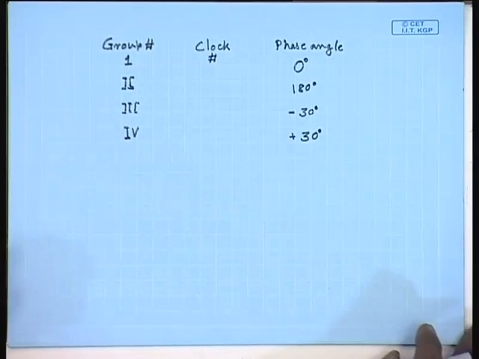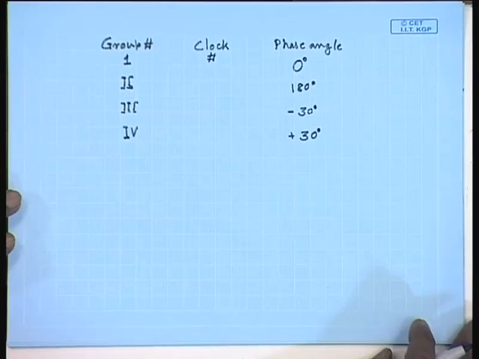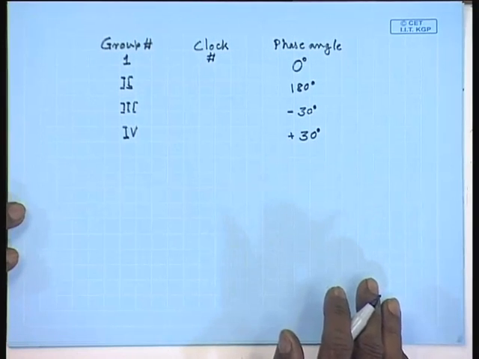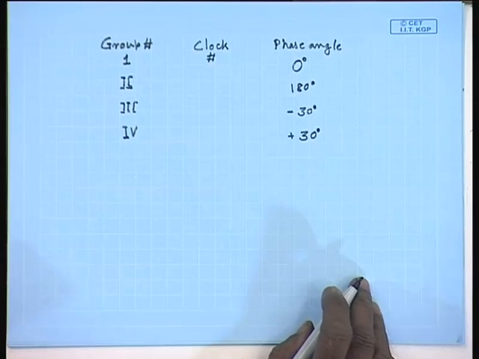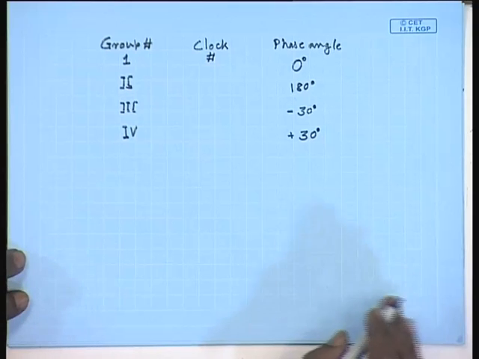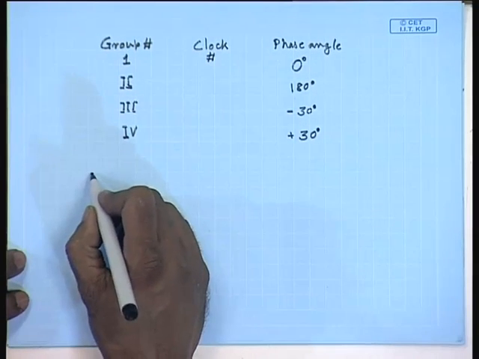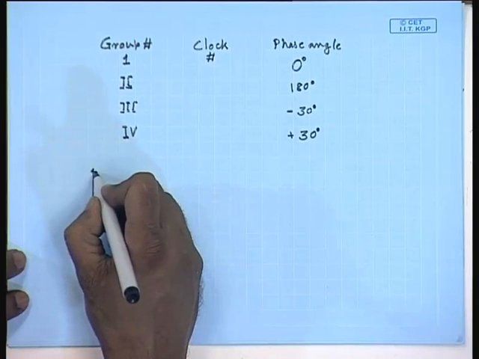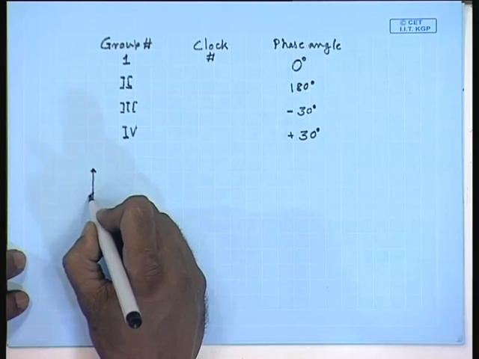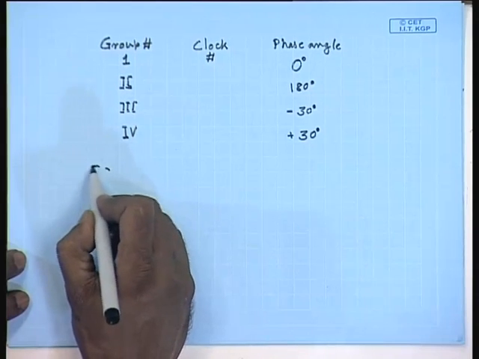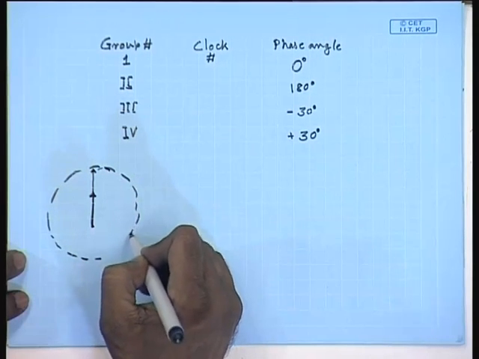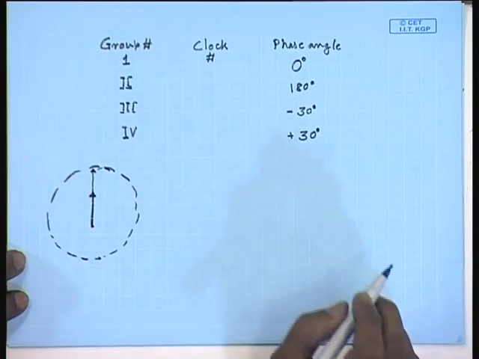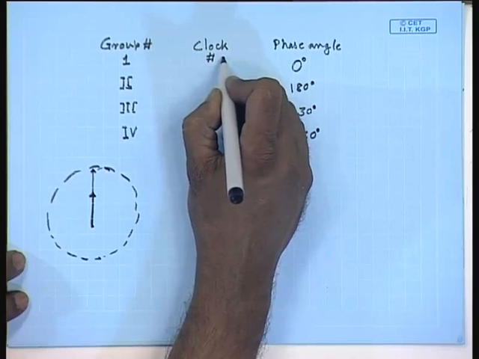For example, if we take the analogy of a clock and say that the minute hand represents the line to neutral phasor of the high voltage side and the hour hand, which is smaller, represents the line to neutral phasor of the low voltage side, then 0 degree phase angle, this is high voltage line to neutral phasor and this is the low voltage neutral phasor. On a clock, if we assume this to be a clock, then this is 0 hour. So, this is called clock number 0.